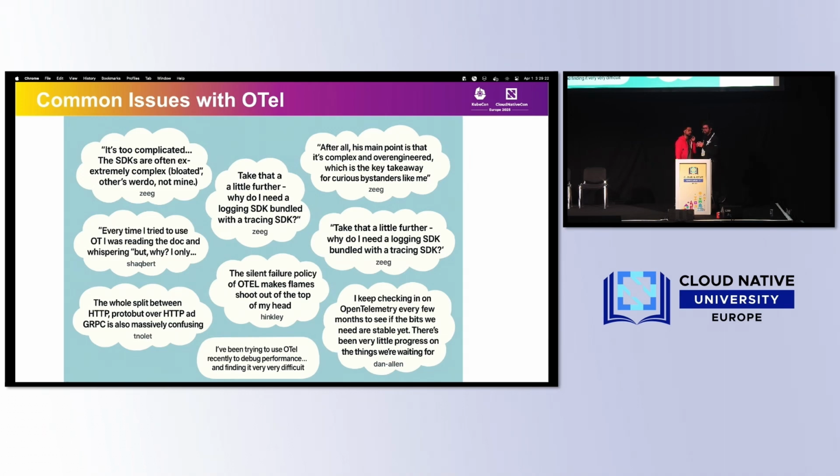Now, some of you who might have looked at OTel, or if we look at the general industry trend, whenever there's a new technology at play, there are certain limitations that people point out. It could be because they haven't been able to understand the technology correctly, or because, of course, the technology is still evolving.